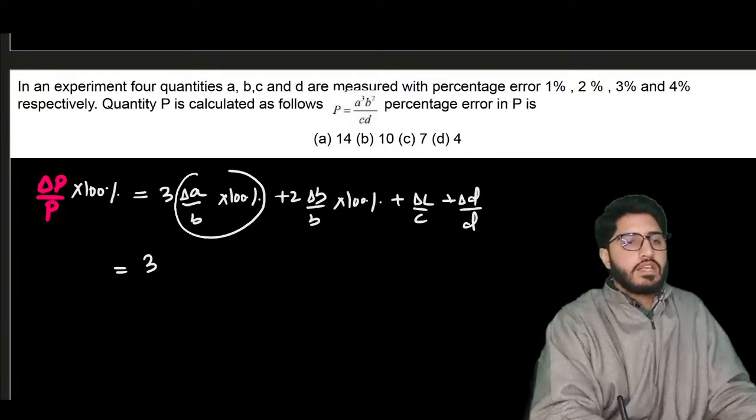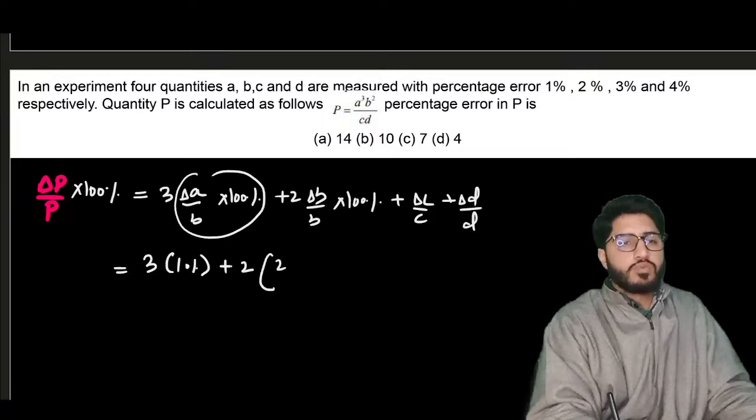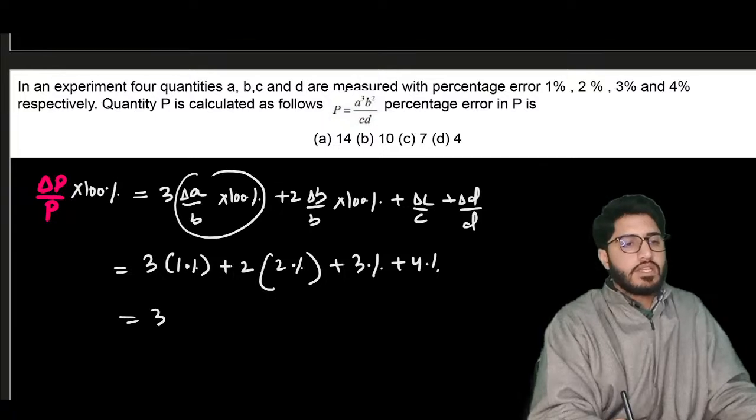The error in A is 1%, plus 2 times the error in B, 2%, plus C is 3% and D is 4%. So I get 3% plus 4% plus 3 plus 4. I think 14%.